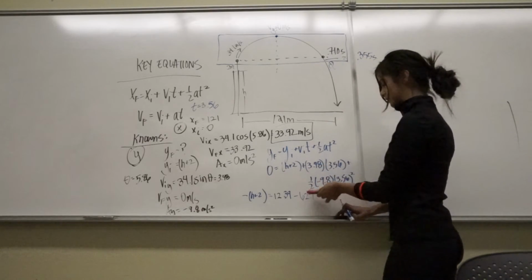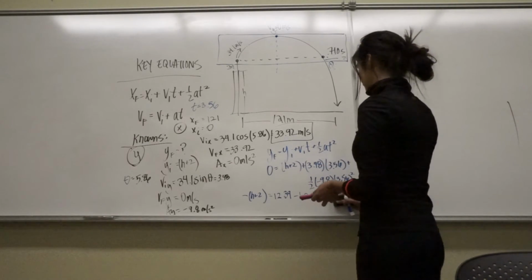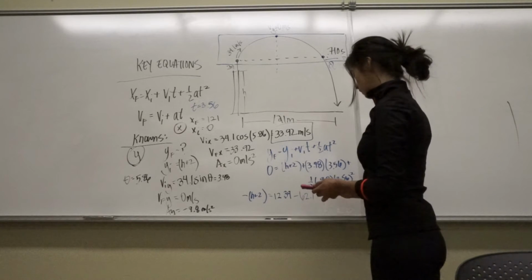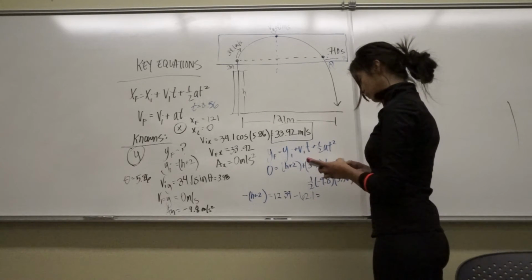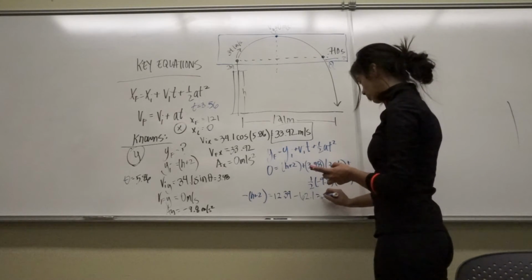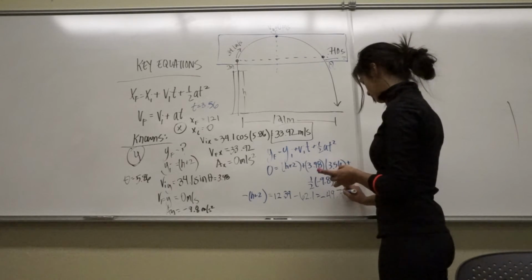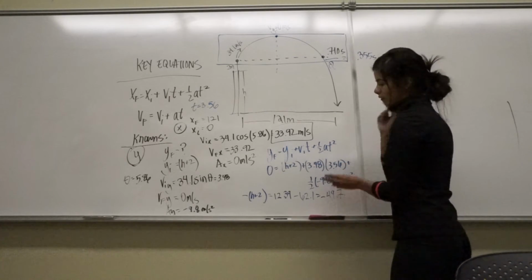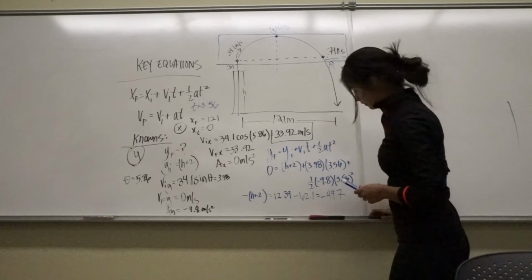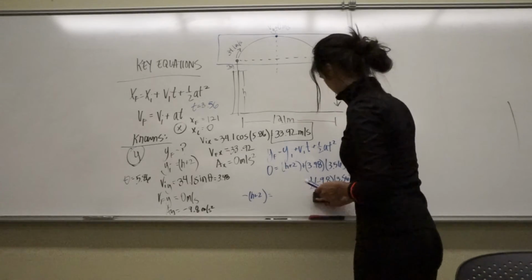And I say minus because this is negative. So add those together. We'll get negative 49.7.